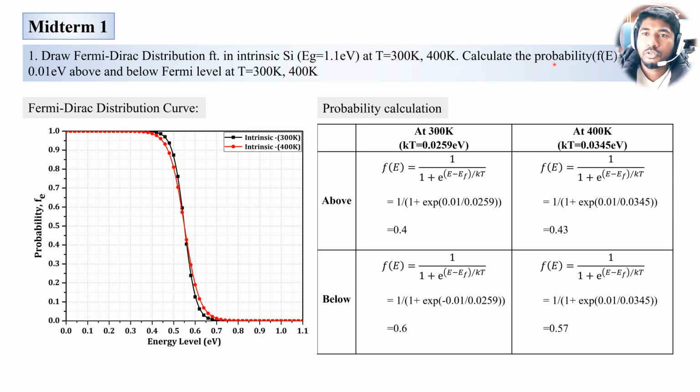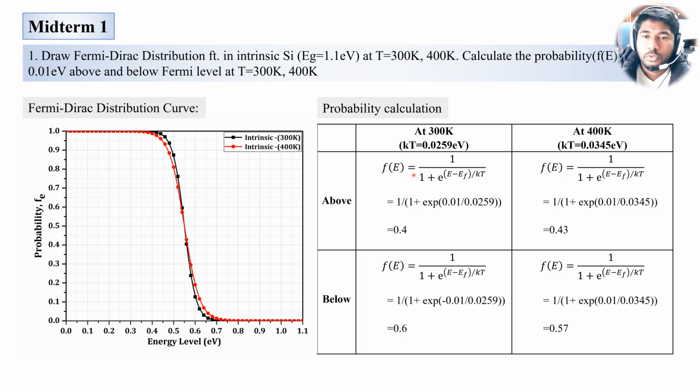The second portion of this question is: calculate the probability function at 0.01 electron volt above and below the Fermi level at 300 and 400 K. The answer is here. We know at 300 K, kT equals 0.0259 electron volt, whereas at 400K, kT equals 0.0345 electron volt.